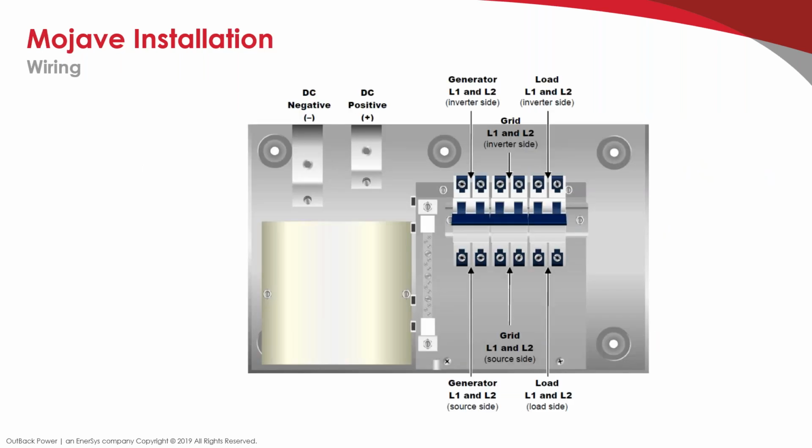If you're familiar with the Radian or FXRs, those come included with a bypass assembly kit, which is an additional bypass breaker with the interlock plate. Those are not included here. So that would have to be added externally.